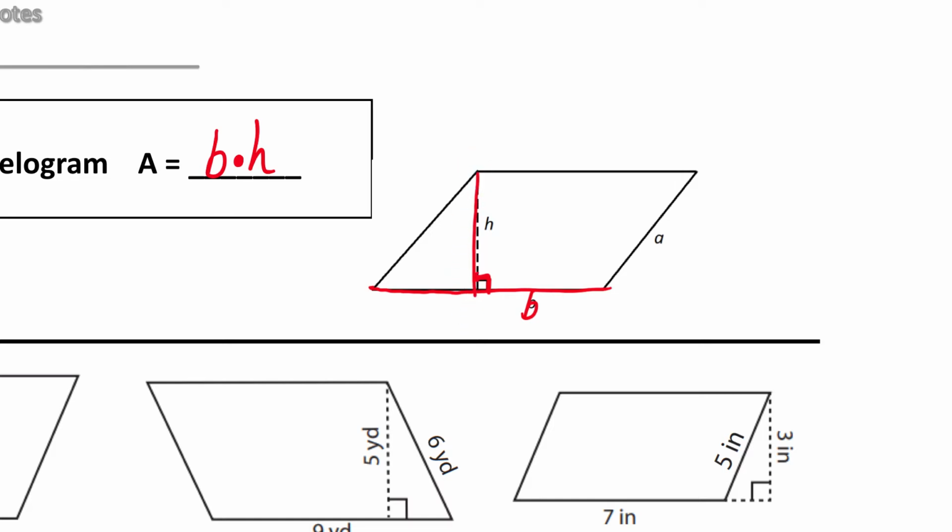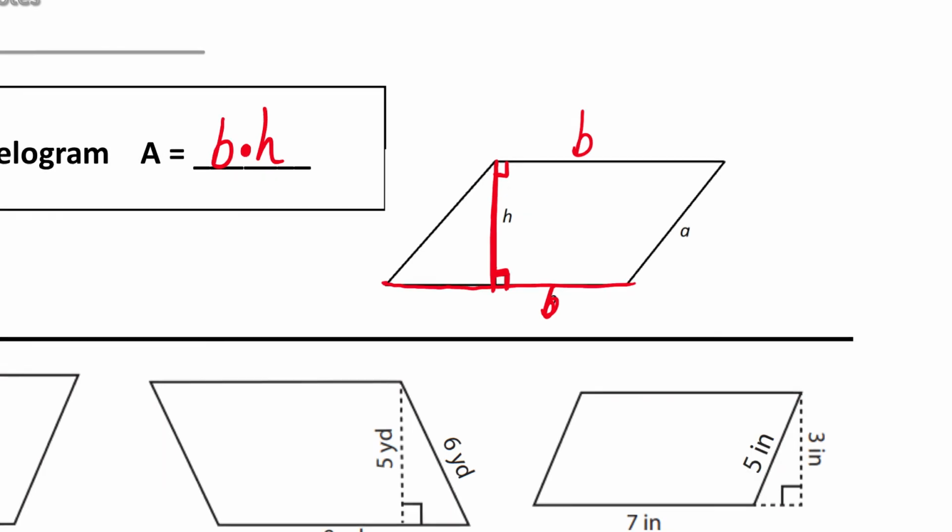So this is a base, and this is a base. The height is the perpendicular distance between the two bases. And then you're going to have this other side, that's not necessarily going to be the height, unless this side is perpendicular to the base.